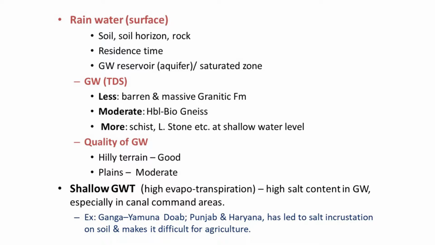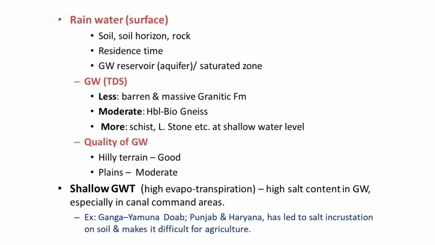The groundwater during its journey from surface to subsurface gains total dissolved solids. If it moves through barren or massive granitic formation, the total dissolved solids in such water will be less in comparison to water which moves through hornblende biotite gneiss type of formation, where the TDS will be of moderate nature.